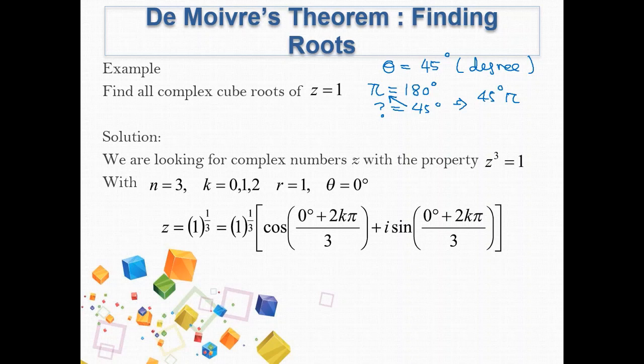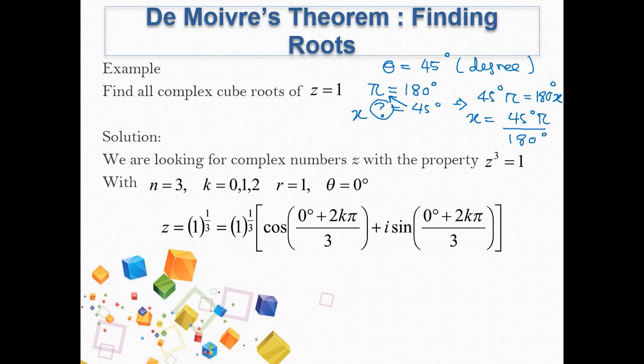Okay, that is going to be on that side, and this side is equivalent to 180. Now we change our unknown here to x. So now you can find your x. Your x is 45 pi over 180 degree.